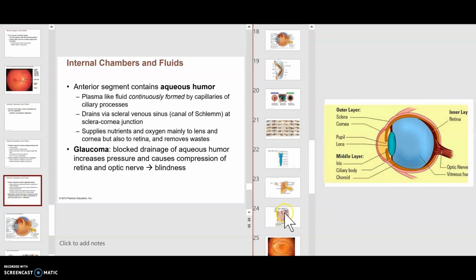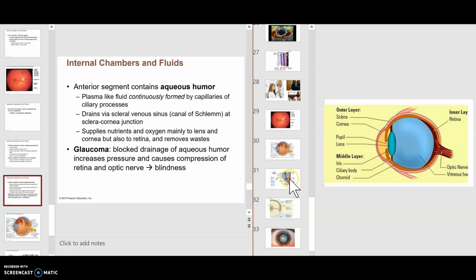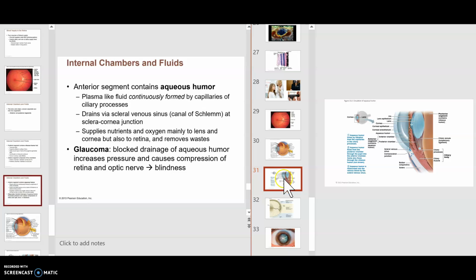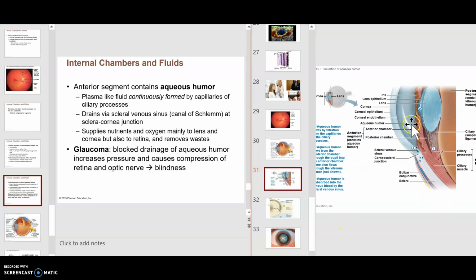Okay, so now let me go here. Now that we're at that part, let me blow this up a little bit. So the ciliary process, which is behind the ciliary body, produces this fluid, this aqueous, which is an ultrafiltrate of the blood, like the plasma.